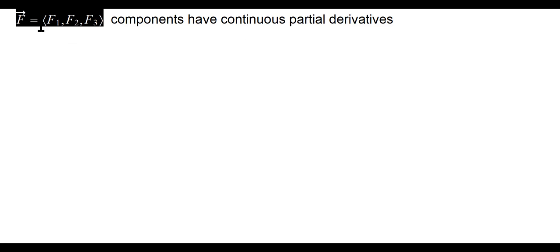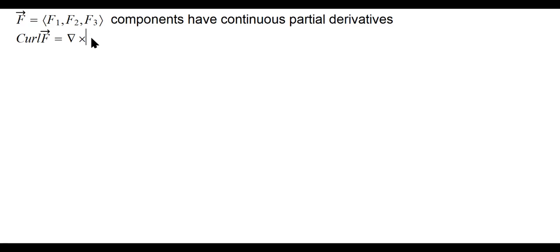So say I have a vector field, then I can define what is called the curl of F, and it is denoted by this expression, del cross F.